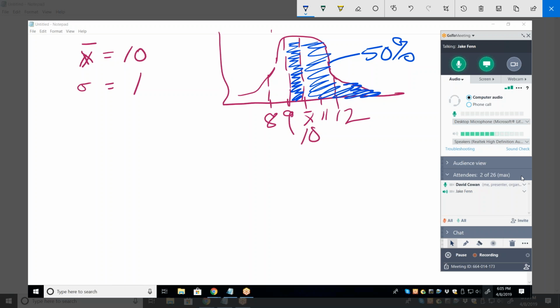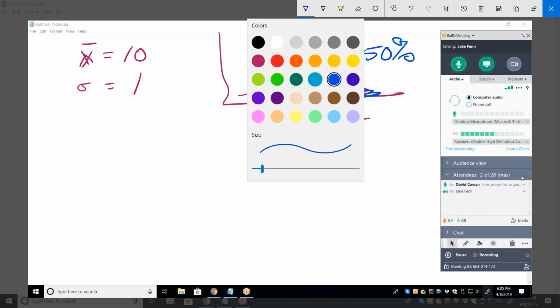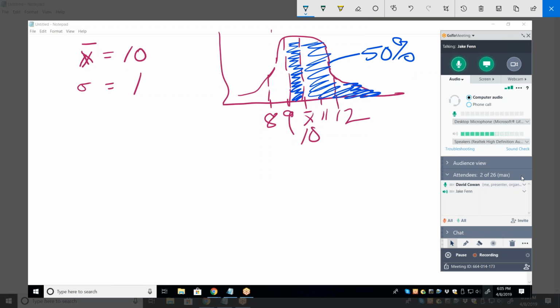Would that be 0.34? Yes, it is 0.34. So it's 66%, right? It says 68 in our book, so I don't know. Okay. That's correct. I've been misstating it by calling it 65. 68 is the correct number. But what we're talking about here is if I go 1 sigma on either side of the mean, that's 68%, right?